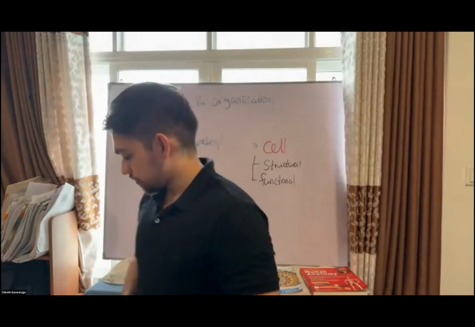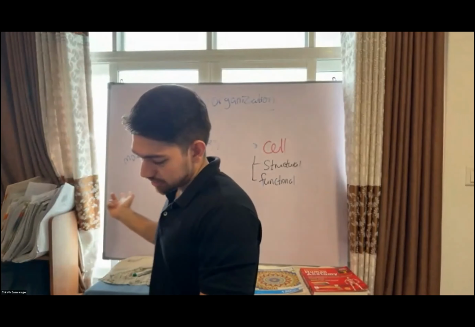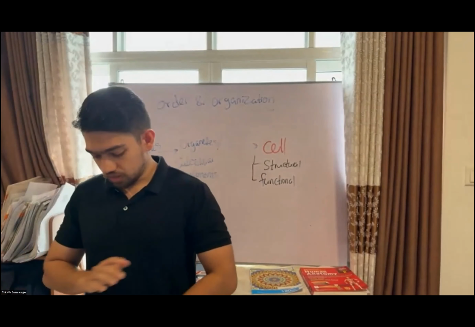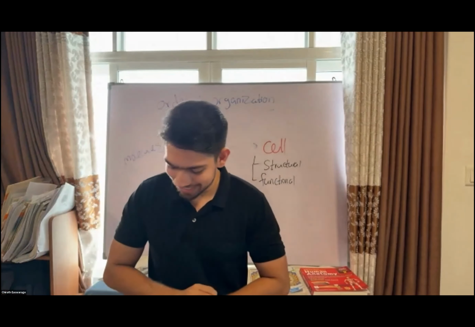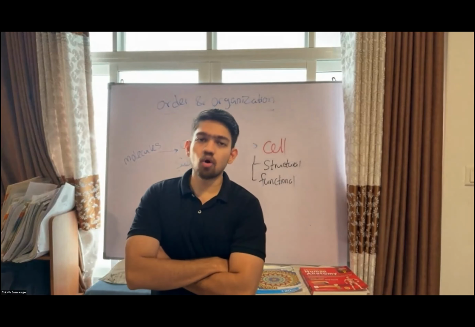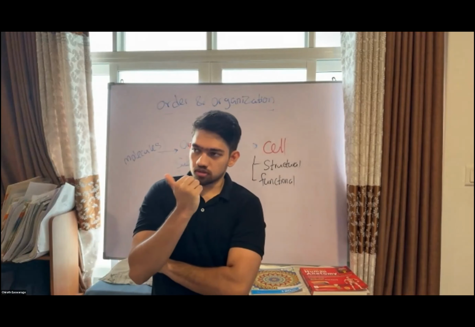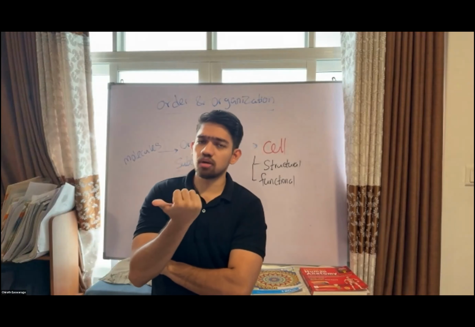So the history. The person who gave the name cell is called Robert Hooke. In 1665, he looked at a cork. What is a cork? In Sinhala we use the Kirala plant for corks.